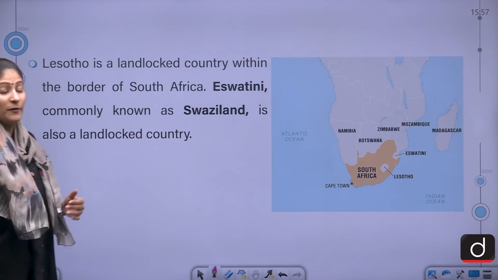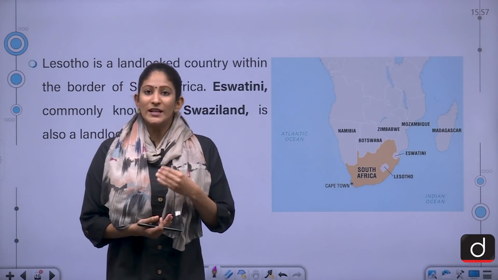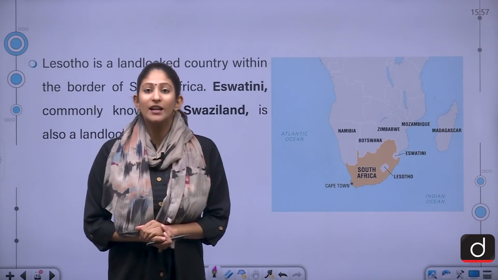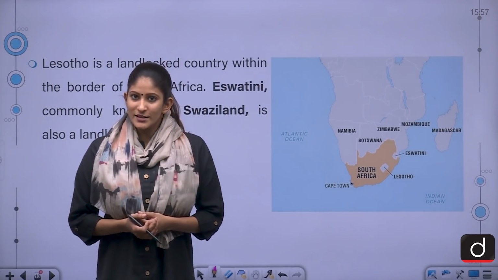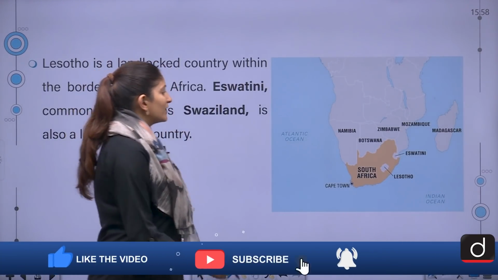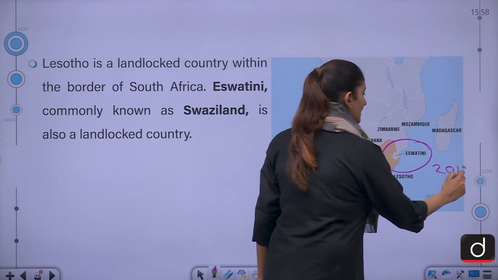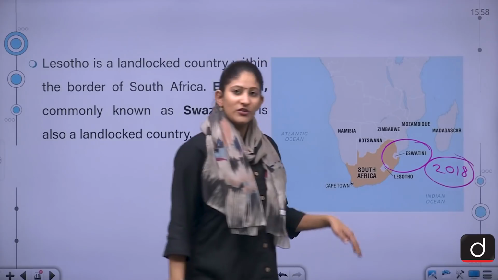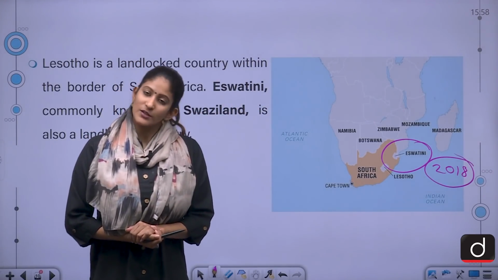If you remember, a few days back, when the Prime Minister of India, Narendra Modi, tweeted about a country named Eswatini, many citizens of India were in awe, as they did not know what country it is. Eswatini lies here. In the year 2018, its name was changed to Eswatini, and before that it was known as Swaziland.